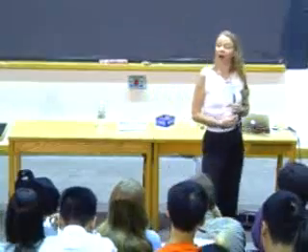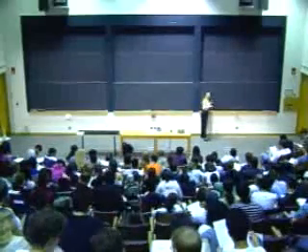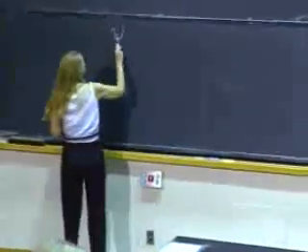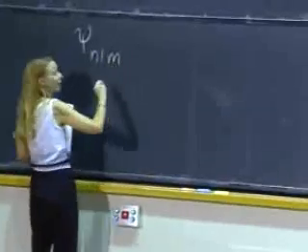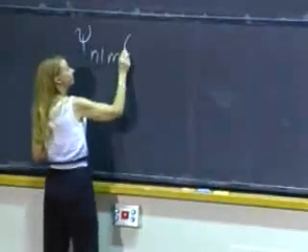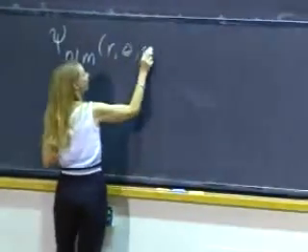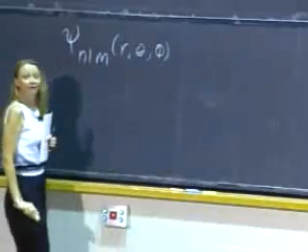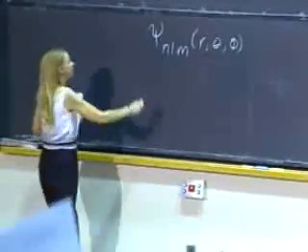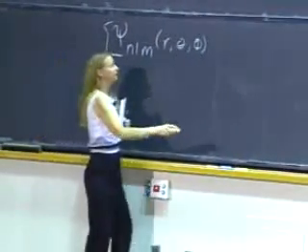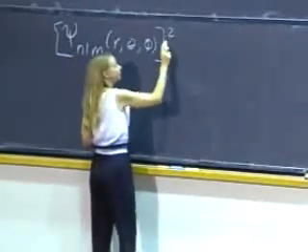And what we saw was that the physically significant representation of the wave function, if you have some wave function psi labeled by three quantum numbers n, l, and m, and of course it's a function of r, theta, and phi, the physically significant quantity was this wave function squared.